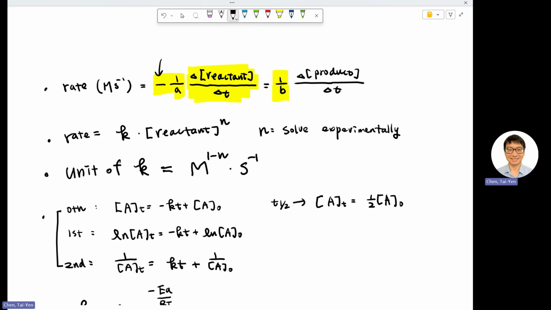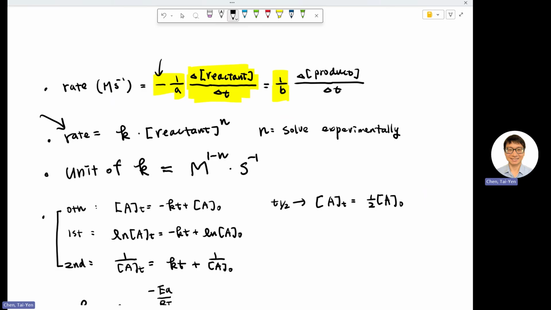So when you read the questions, make sure you know what the thing you need to solve is. And then we start to talk about the differential rate law. The differential rate law always has this formula: rate equals rate constant k, lowercase k, times reactant raised to a certain power.